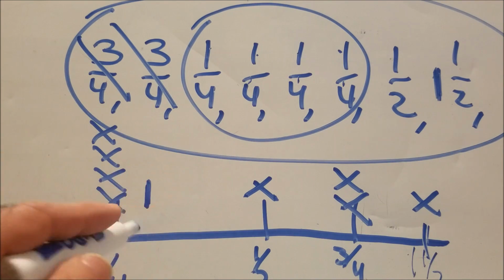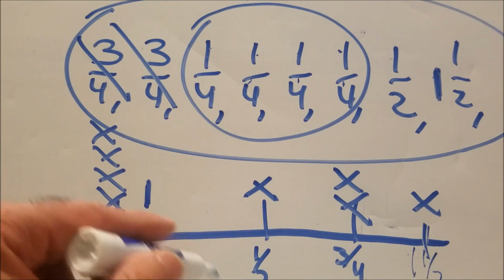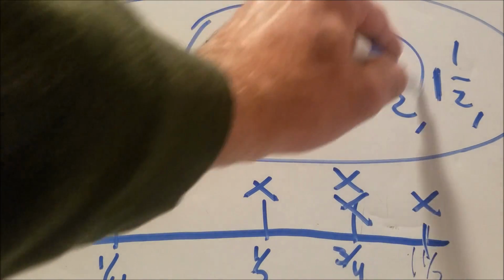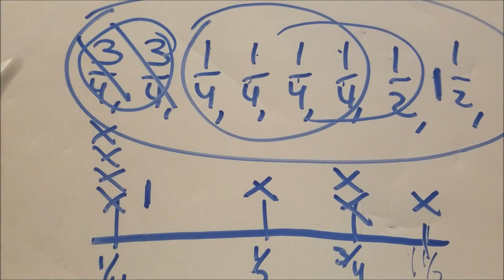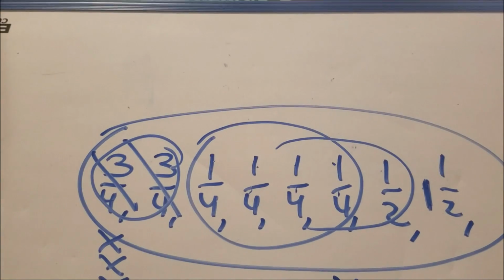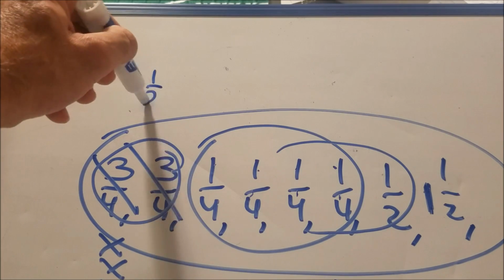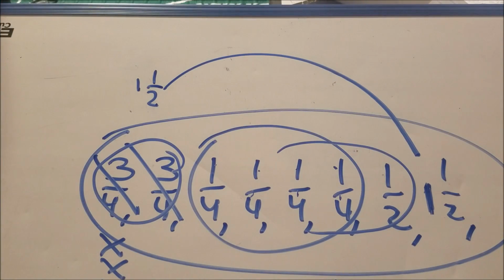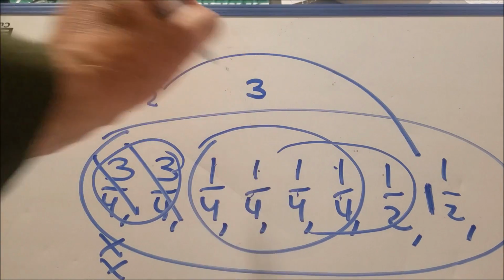So then we have 1 1/2. Now, what's 1 1/2 plus 1 1/2? That's 3. So far we have 3.